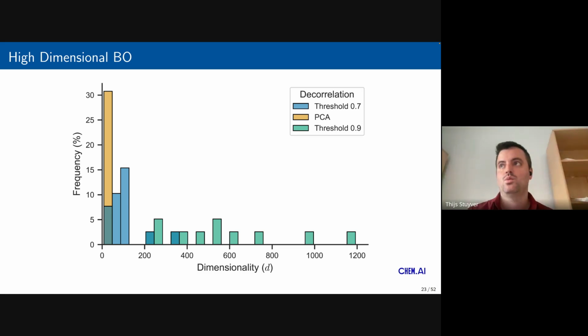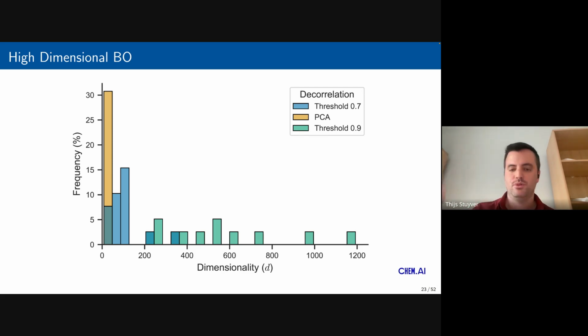And we used various decorrelation strategies. For example, applying a PCA analysis where we keep as many dimensions as we need to explain 98% of the variance in the representation.